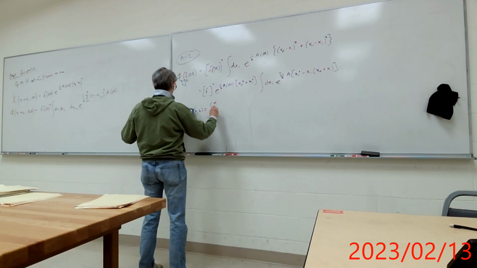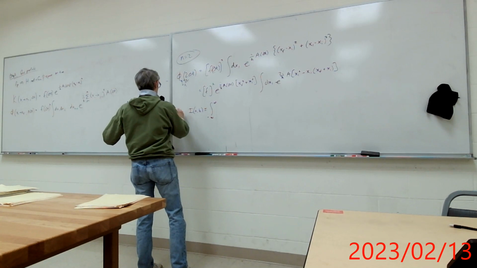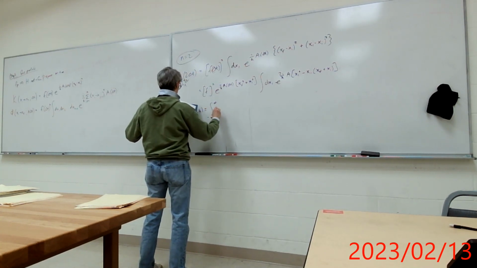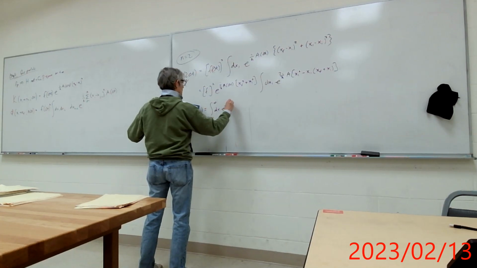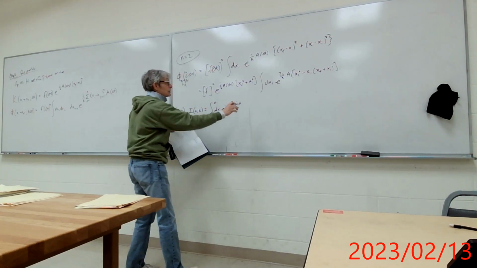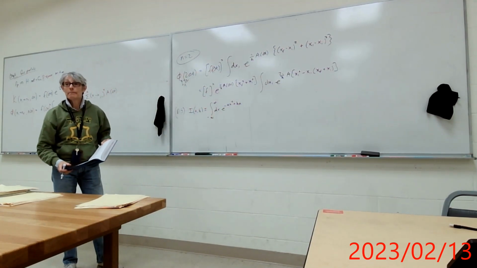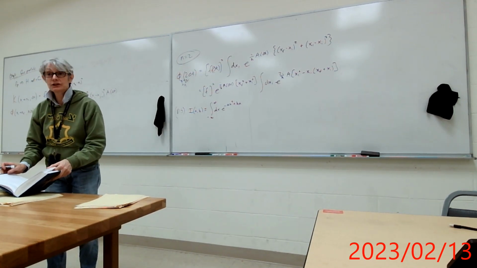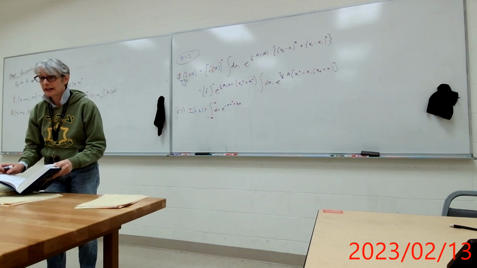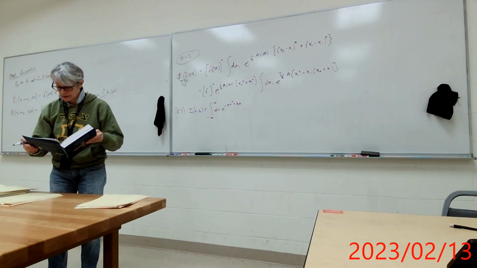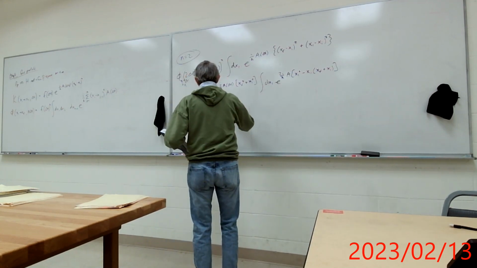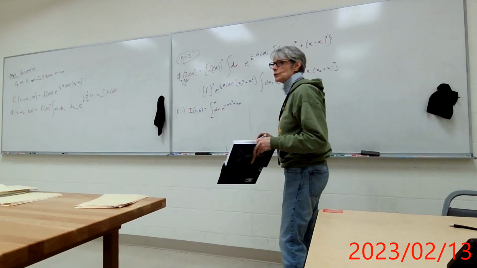This is just definition, equation D5 in the back of your book: dx e to the minus a x squared plus bx. And you can see that this is exactly of that form. And he takes you through the steps of how to derive what the answer is. It's only 2 lines, and I urge you to look it up if you're at all interested, and it is kind of cool. All you're doing is completing the square.